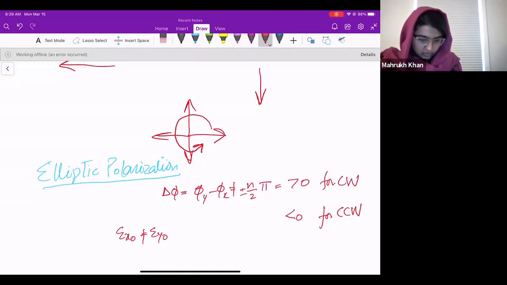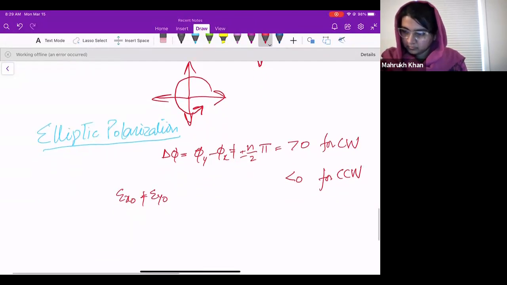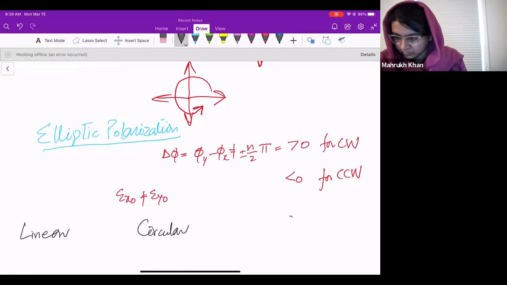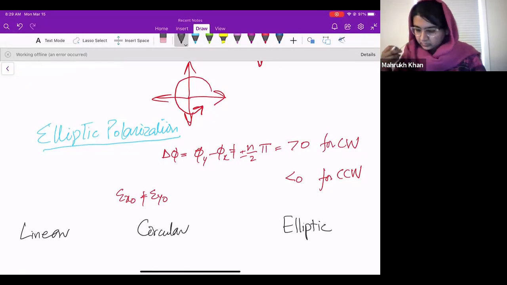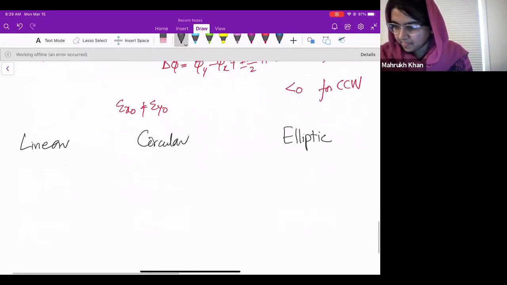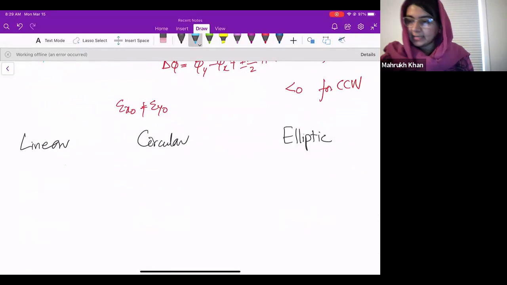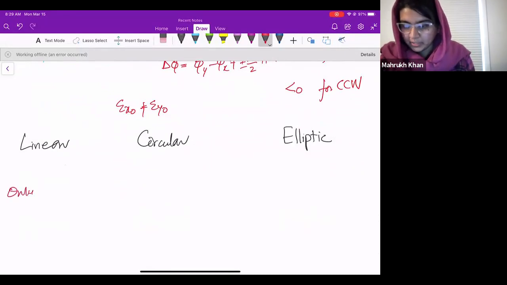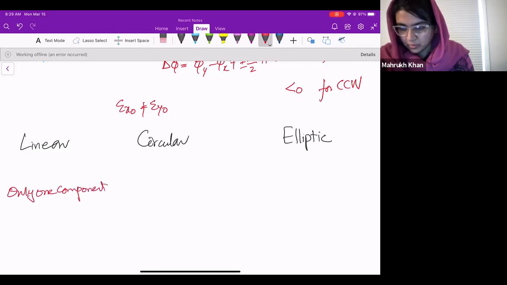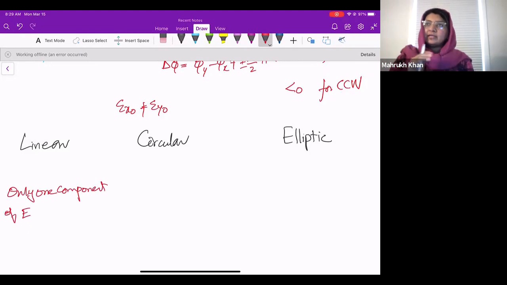So if I just summarize all of them, in linear polarization it is possible that you have only one component of E, either E is X directed or E is Y directed.